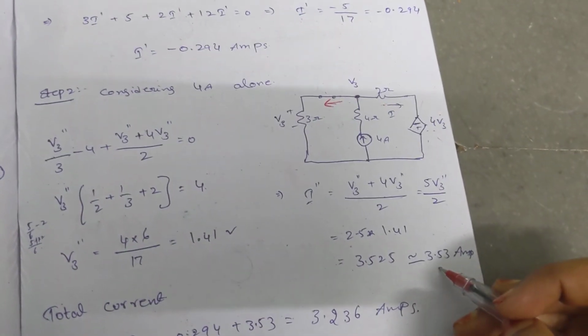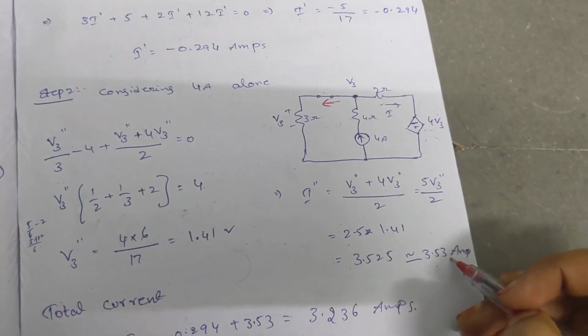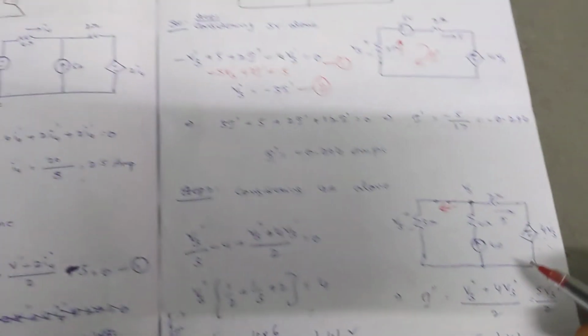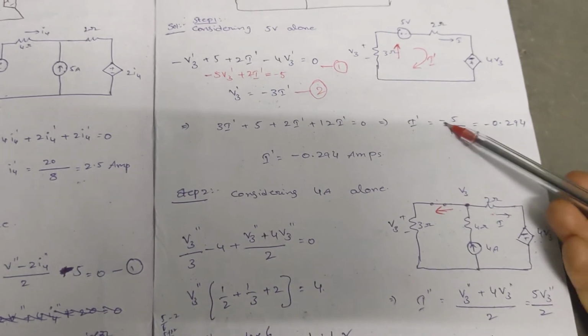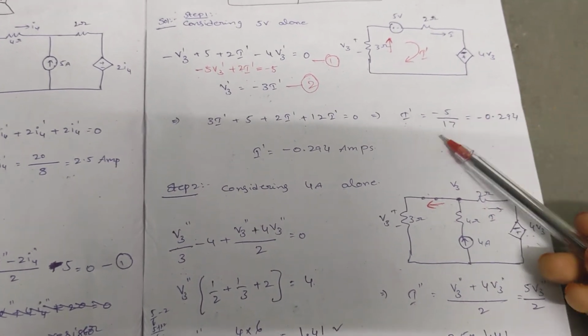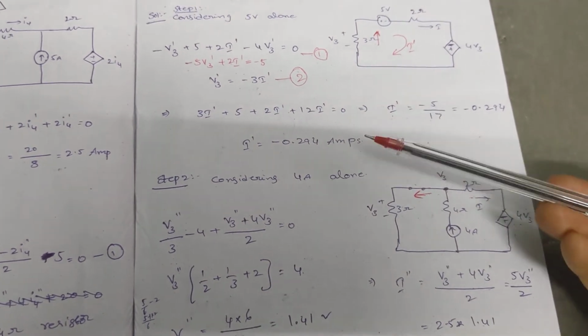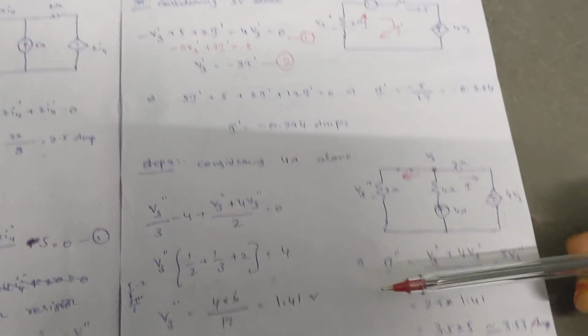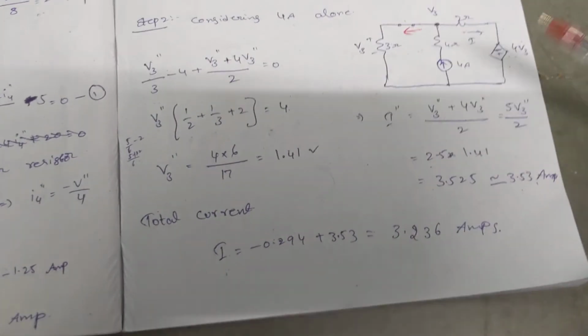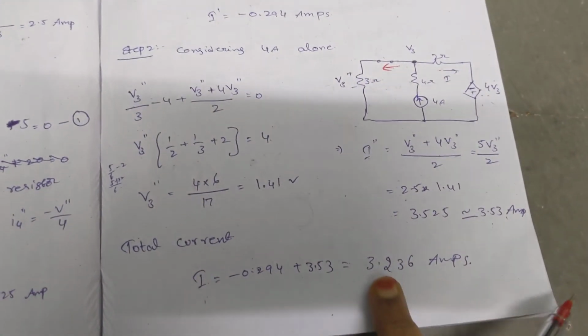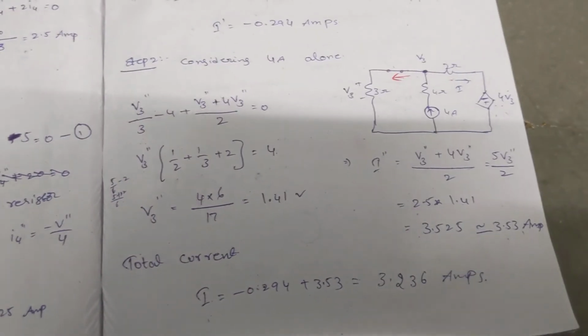So the current value is around 3.53 amperes. As per the superposition theorem, it is the summation of the individual sources. So we add the currents due to the 5 volts source and the 4 amperes source, and the final current in the circuit will be around 3.236 amperes.